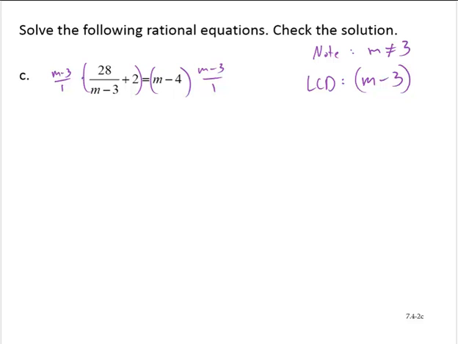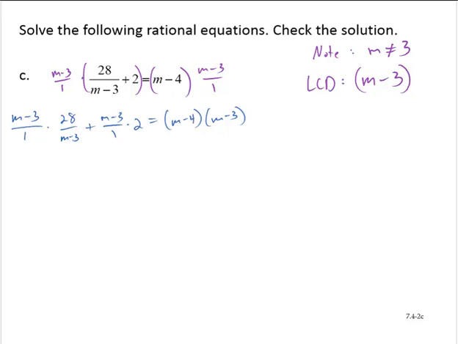Alright, so we get m minus 3 over 1 times 28 over m minus 3 plus m minus 3 over 1 times 2 equals, on the right-hand side, just m minus 4 times m minus 3. And so I'm going to use FOIL on the right-hand side to simplify that.